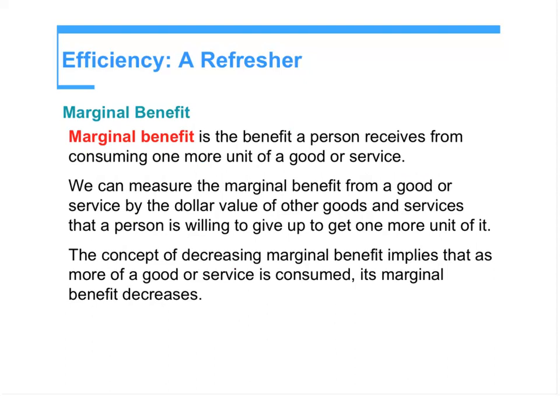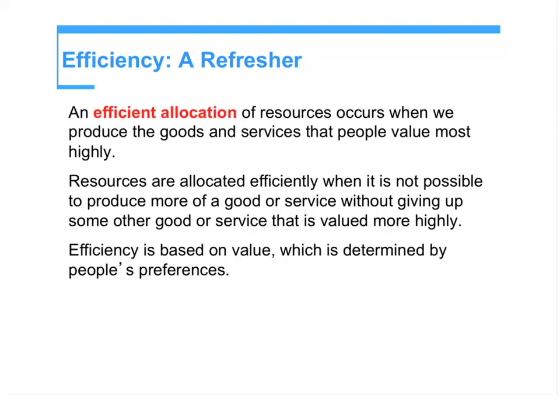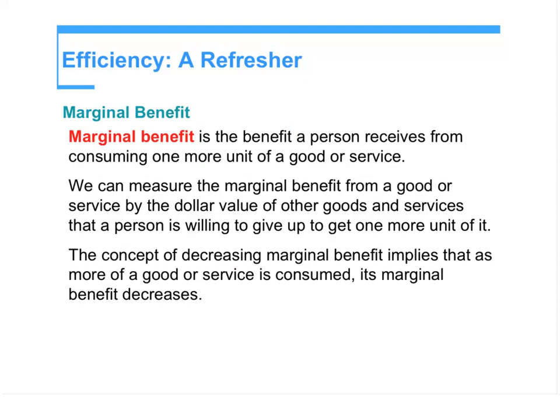Okay, now let's talk about marginal benefit. In the previous slide, we talked about efficient allocation. Now let's talk about marginal benefit. Marginal benefit is the benefit the person receives from consuming one more unit of a good or service.